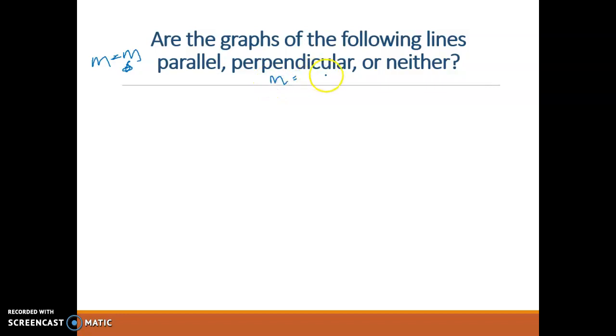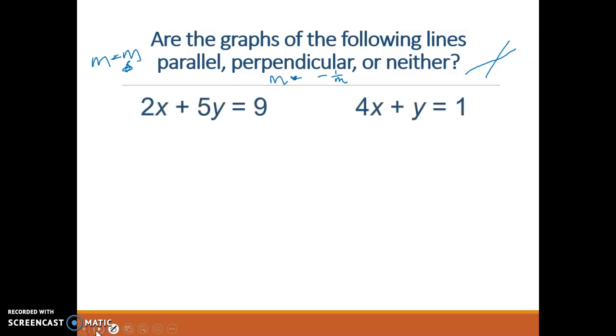So one will be m, and the other will be negative 1/m. And it's possible that they're neither parallel or perpendicular, that they just intersect. So lines that aren't parallel or perpendicular are just intersecting lines. Perpendicular lines do intersect, but at a 90-degree angle. All other lines intersect, just not at 90 degrees.